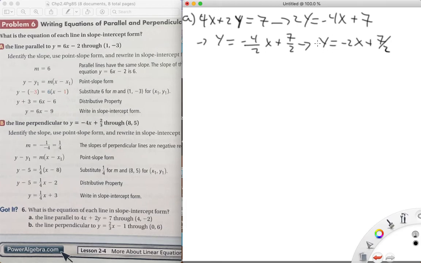So this is the equation of the first line, but we want it to be parallel to the second line. So that's step 1.